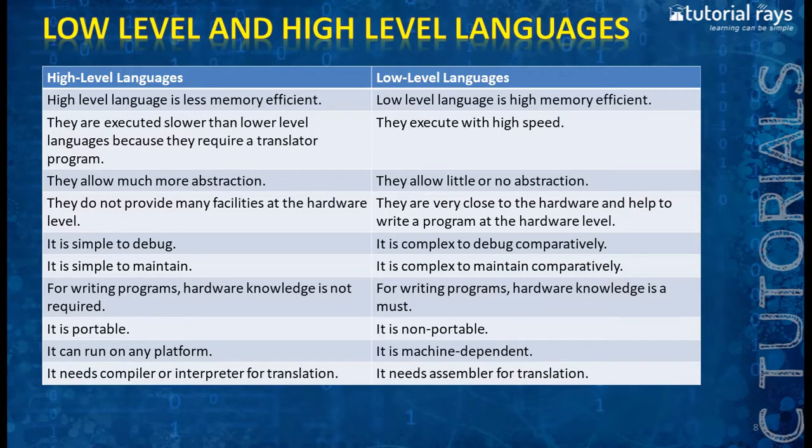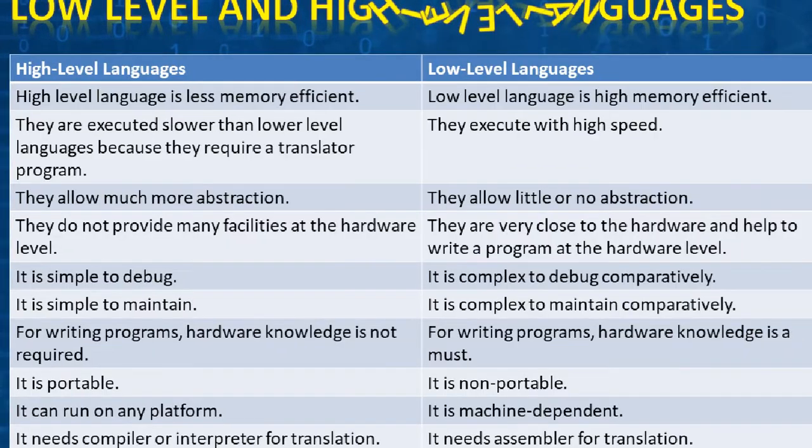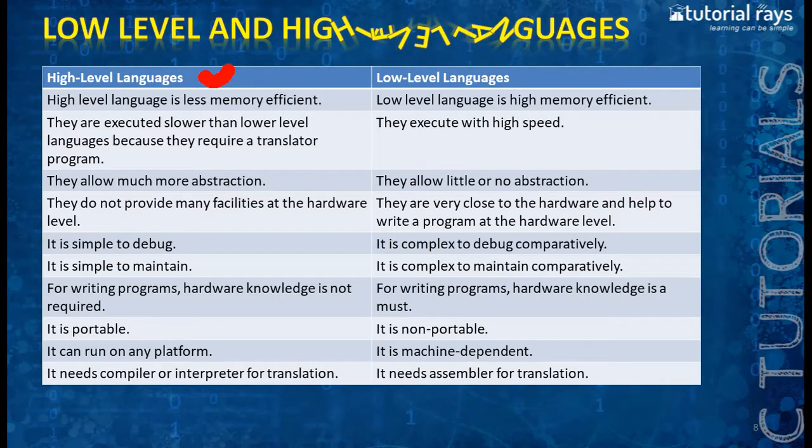Now let's see the difference between low level languages and high level languages. The first one is, high level language is less memory efficient, while low level language is highly memory efficient.